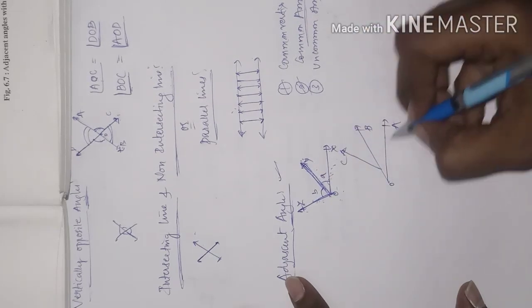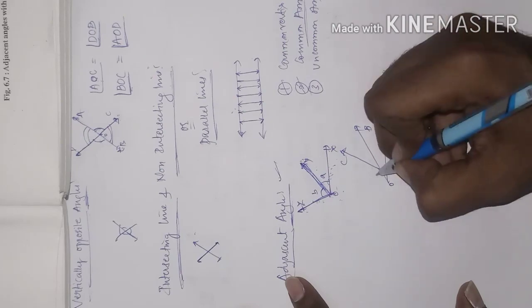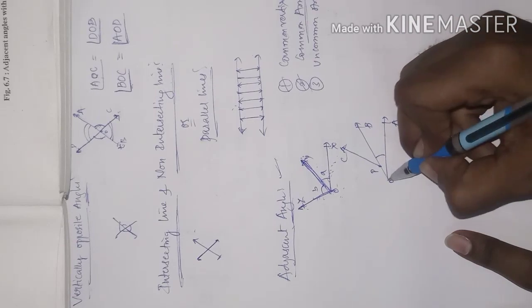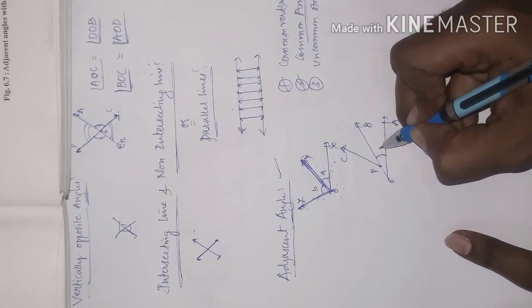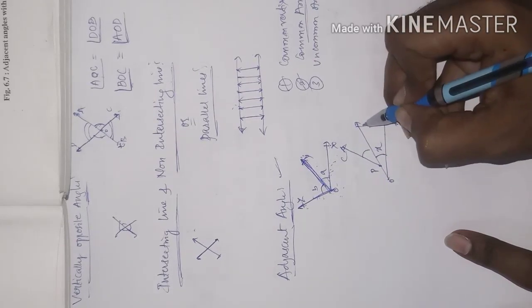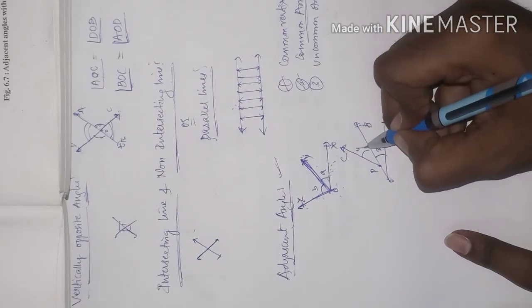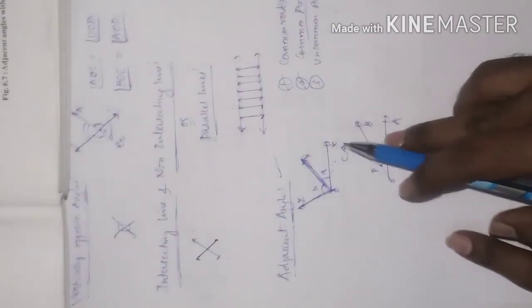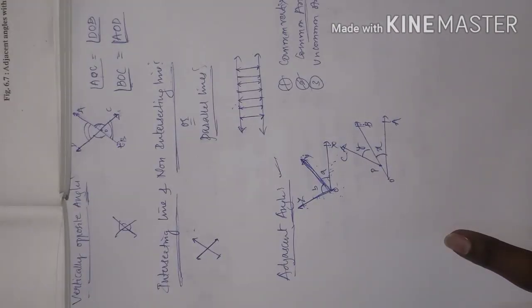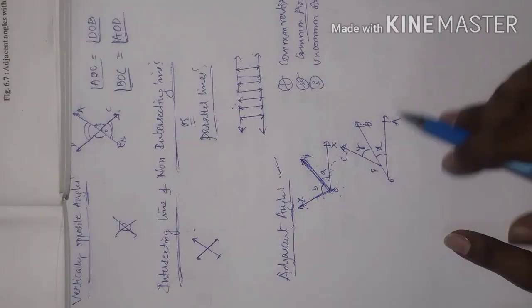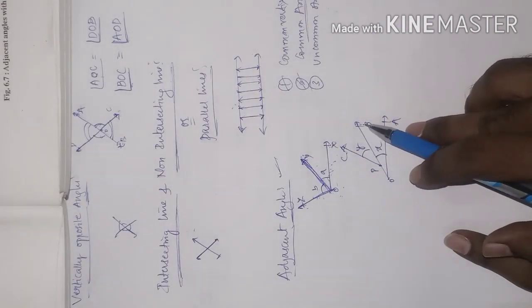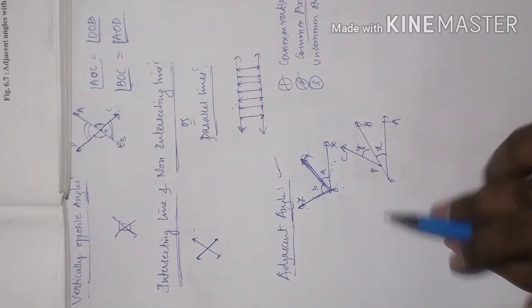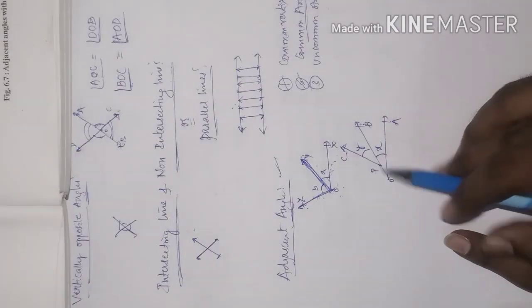I'll make this one P. Now angle AOB, X I will make it, and angle BPC I will make it Y. Tell me, angle AOB and BPC, are they on a common vertex? No, they are not on a common vertex.